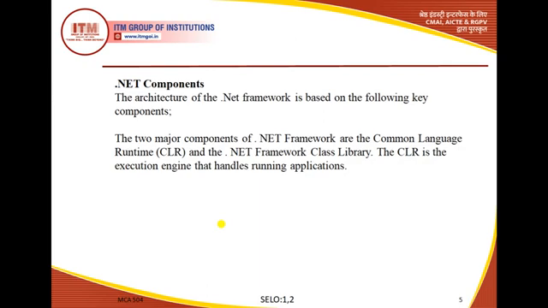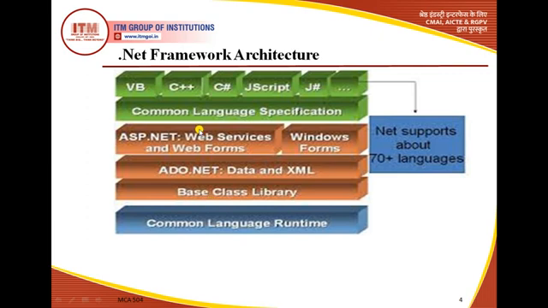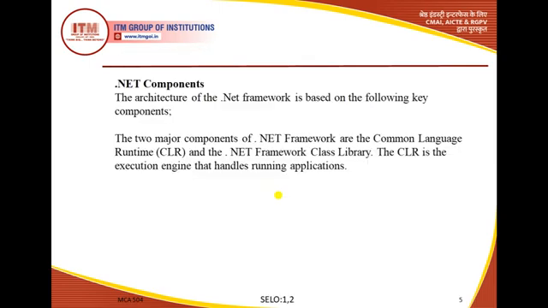So .NET supports several window based as well as web based applications, which we have already seen can be developed on this platform. And how the applications are developed is using the components present in this architecture, that is the CLR and the base class library, or the framework class library of the .NET framework.